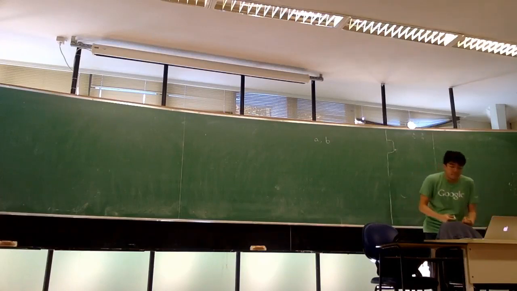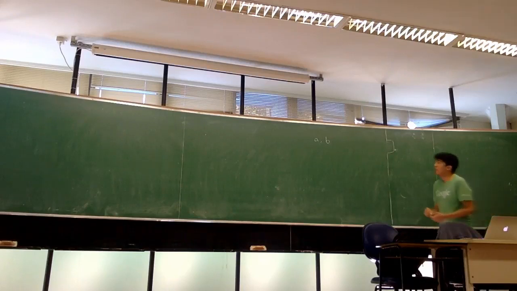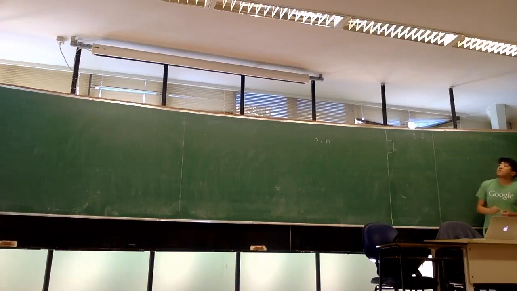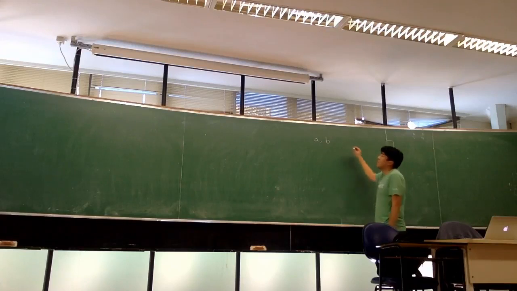Okay? This might look like a hard problem at first because A and B could be really large, 10 to the 15th power. But it turns out that our path cannot pass through many different numbers.